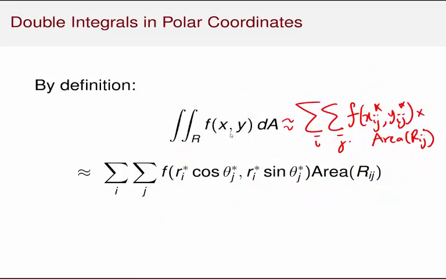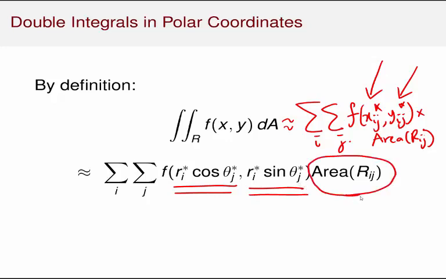Anyway, the point here is we want to convert the x and y to the polar coordinates. So we are going to replace xij star by its expression here in terms of the polar coordinates, and likewise the variable yij star will be replaced by its expression in terms of r and theta over here. And next we are going to calculate the area of Rij in terms of the polar coordinates.